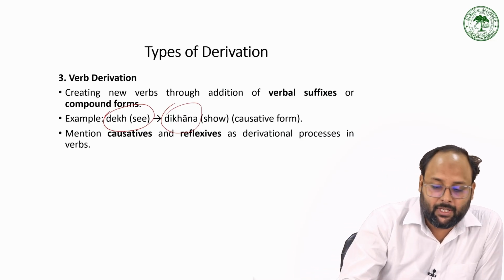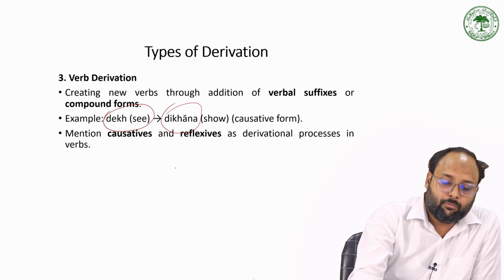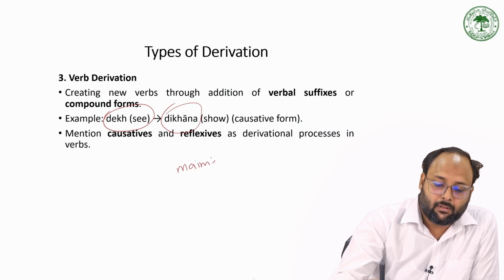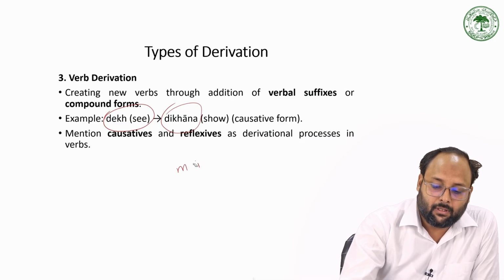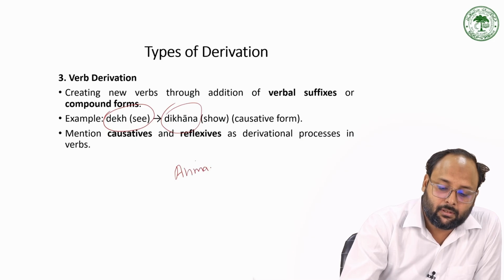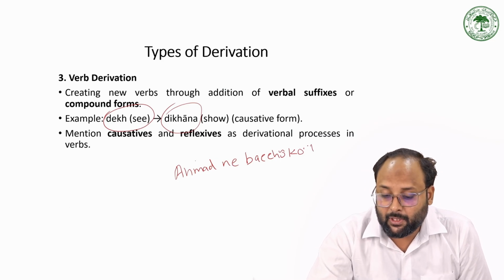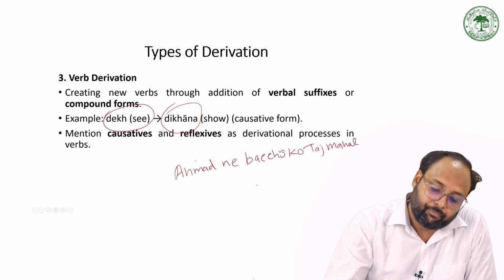So for example, if we have the sentence: मैंने, या अहमद ने, अहमद ने बच्चों को ताजमहल दिखाया.